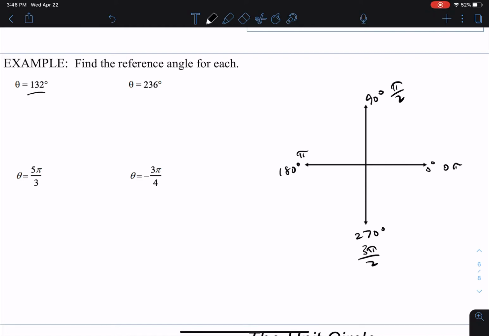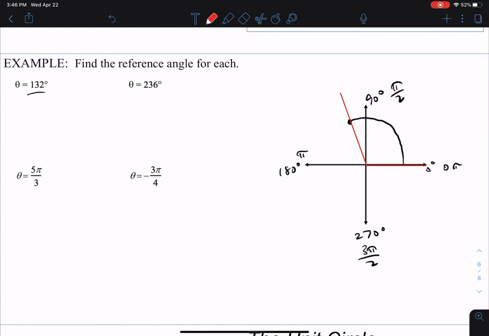So 132 is more than 90, less than 180, closer to 90. So I go until I get right about there, and I'm going to stop. Now I'm going to draw the angle. There's the angle in red. That's the actual angle.